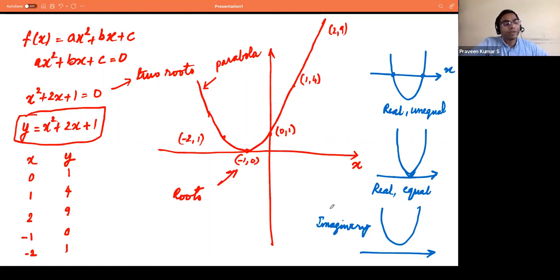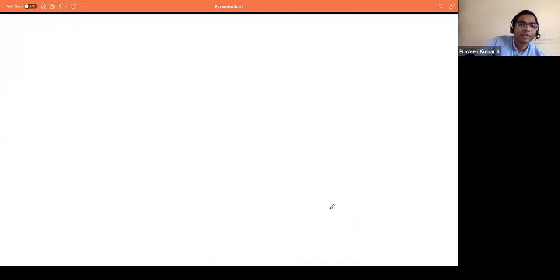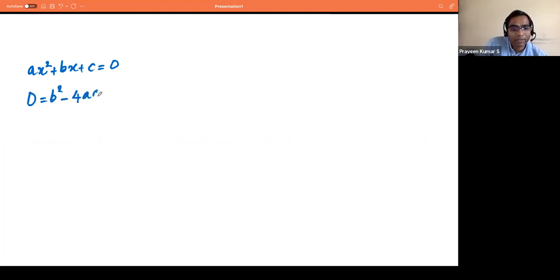So whenever you are given any quadratic equation, you can always check whether there are real roots or imaginary roots. One way of finding out is, suppose you are given ax square plus bx plus c is equal to 0. We define what is called the discriminant, capital D. This is equal to b square minus 4ac.